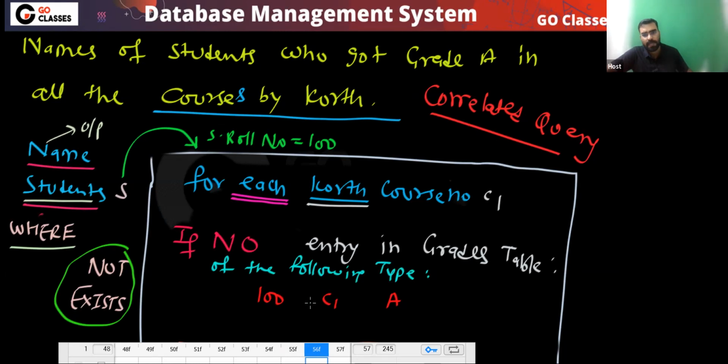If there is no such entry for this course C1, then I don't want that student. Yes or no? Then I don't want that student.